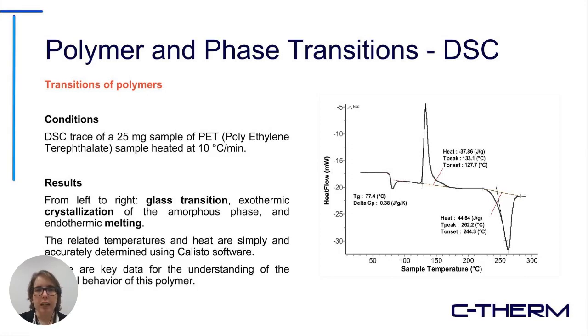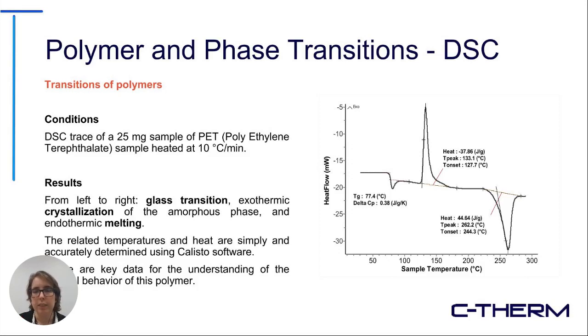Looking at highlighting the application to polymers and phase transitions, you can take a look at this application data on polyethylene terephthalate. So we can see three different heat flow signals here. The first one on the leftmost side, that small one that you see, is the glass transition temperature. In some cases, if there's a lot of thermal memory in the material, you'll see it as an endotherm there.